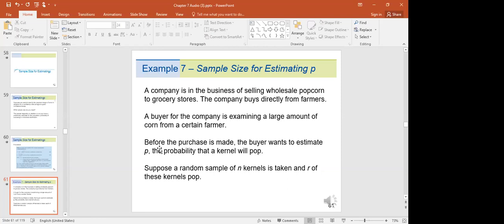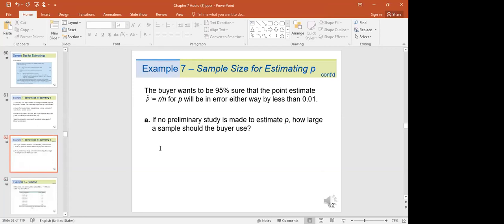So what happens here is that he wants to buy corn from a certain farmer and he wants to estimate the proportion of corn that will pop. So he will buy a sample of corn and then use it to determine the estimate for the proportion of corn that can pop roughly.